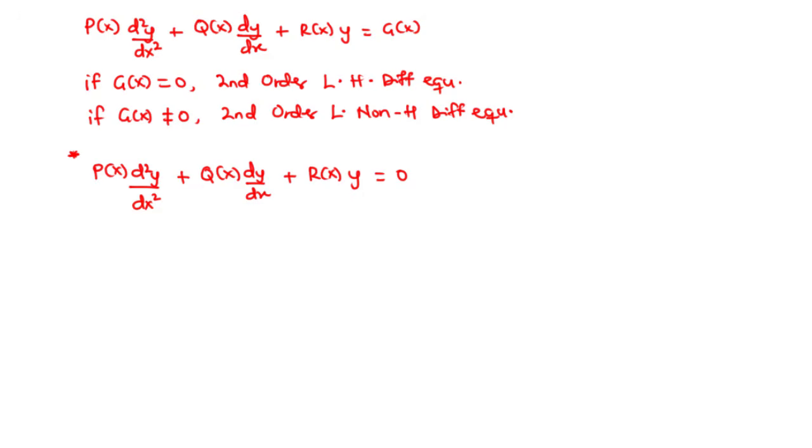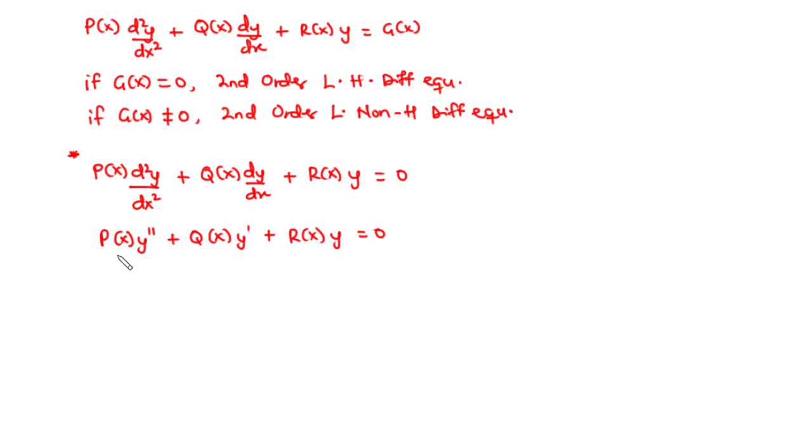Now we can represent this differential equation in prime notation. That is, we have p of x times y prime prime plus q of x times y prime plus r of x times y equals 0.